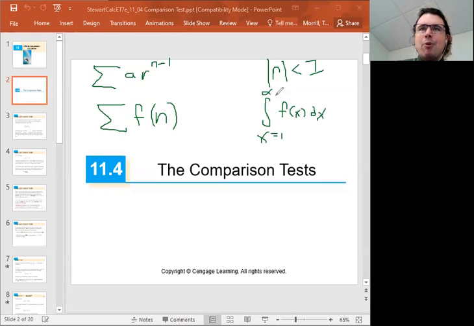I'd need an improper integral. And so whatever I get here, if the integral converges, then the series converges. If the integral diverges, then the series diverges. So these are two different kinds of series that we can try to figure out convergence for, right? Whether or not these series converge to some number.